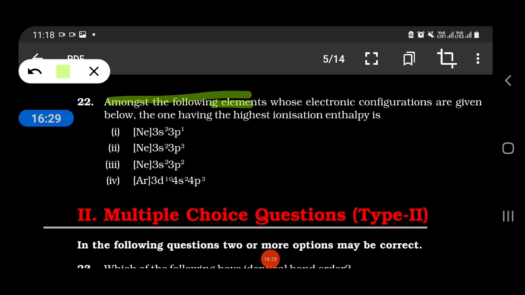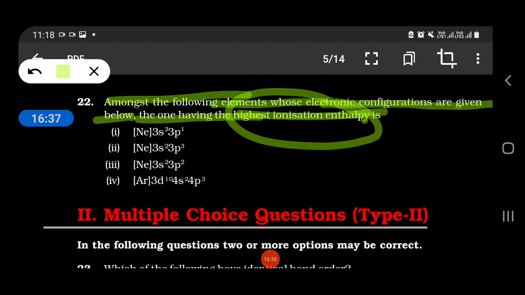Among the following elements whose electronic configurations are given below, the one having the highest ionization enthalpy is... What is ionization enthalpy? In the gaseous state, when we remove an electron from the gaseous atom, the energy required is the ionization enthalpy.